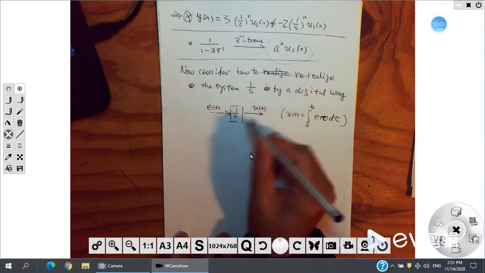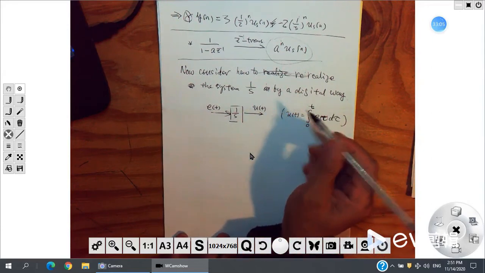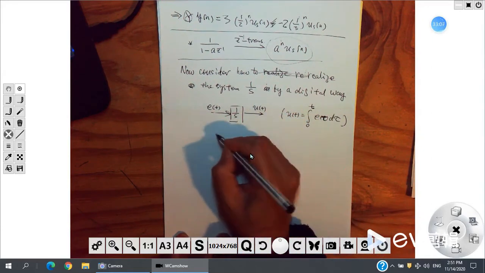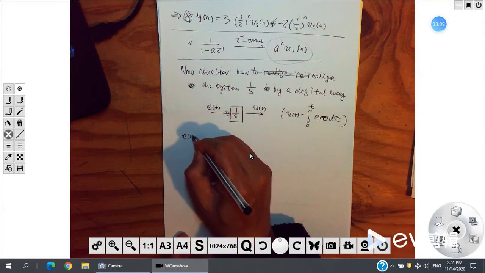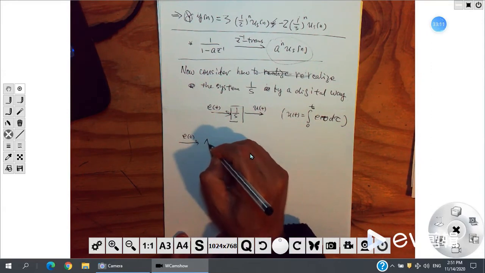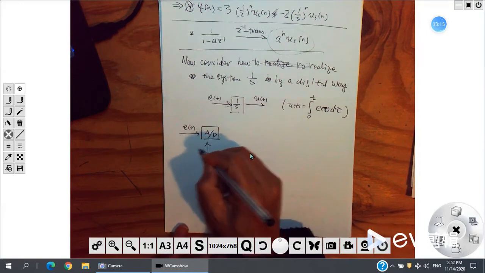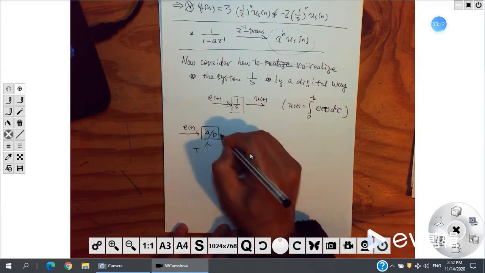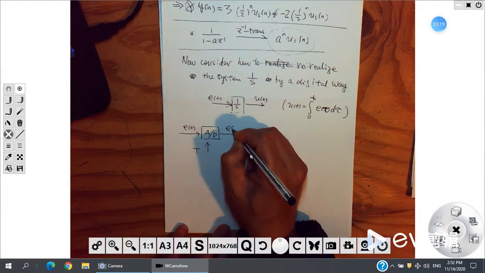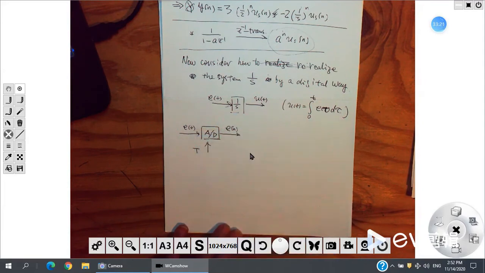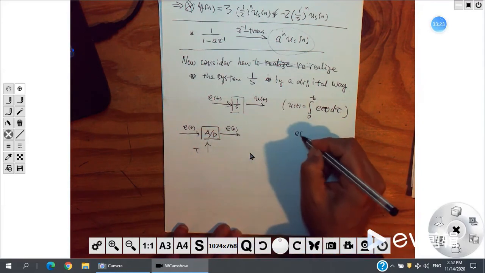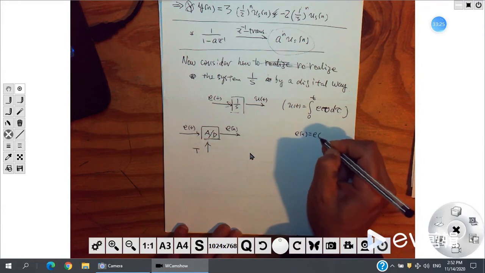Now we realize it in a digital way. We have this E of t. We need an analog to digital converter with a period T. Then here we have E of n. What is E of n? E of n is E of nT.